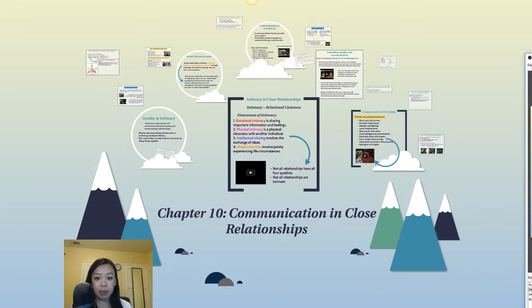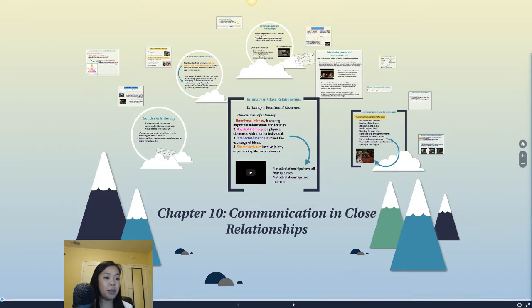While NAP's model, for example, in Chapter 9, really focused on a lot of romantic relationships, even though it could be applied to non-romantic relationships, here in this chapter, you get a really nice overview of both romantic relationships, friendships, and family relationships as well. And this is the only chapter where we dive quite deep into family communication. And so let's go ahead and jump in.